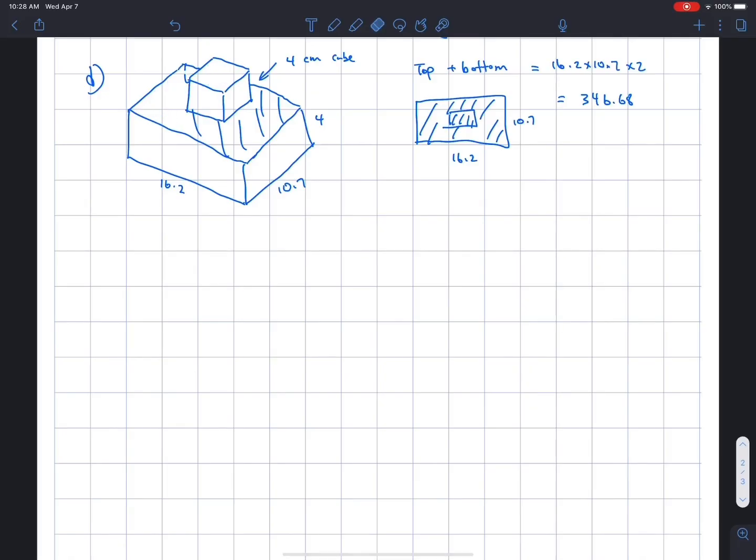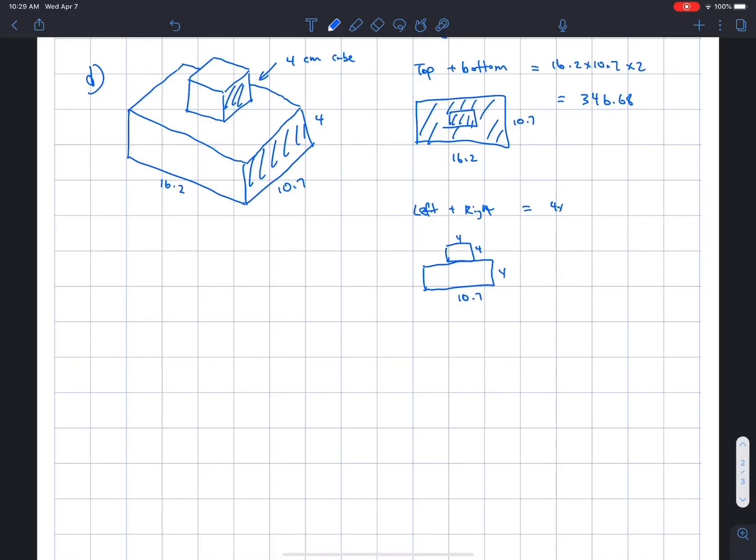And then we'll have the left and right piece. The right piece, if you move to the right hand side, this is what you should see. You should see this piece and that piece. That would be the right hand side. So at the top here, you have a cube, 4x4. At the bottom here, you have 10.7 times 4.